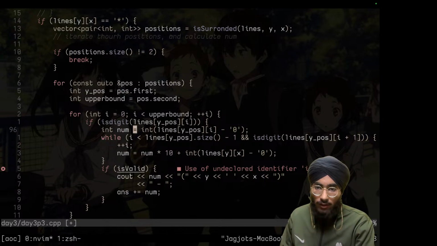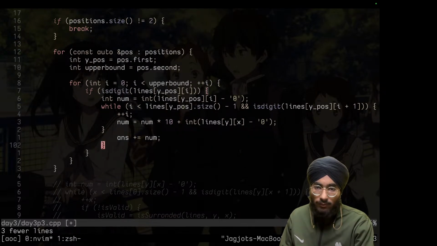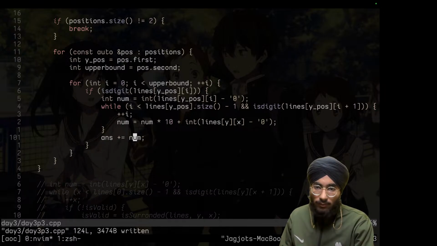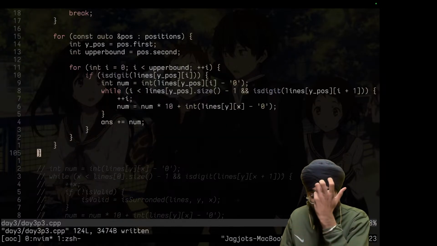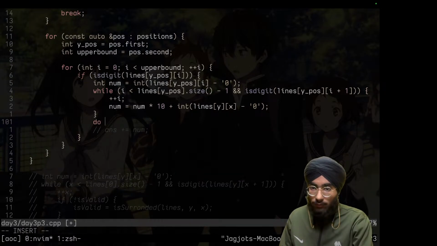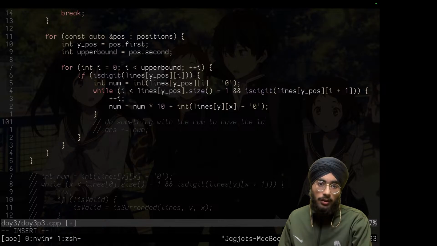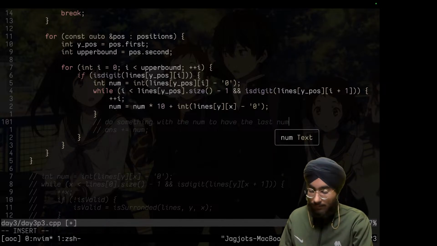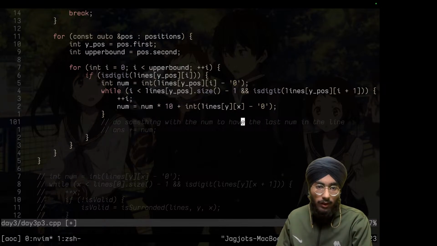Okay, we need to see this now. Why? How are we storing the number? Do something with the num to have the last num in the line.